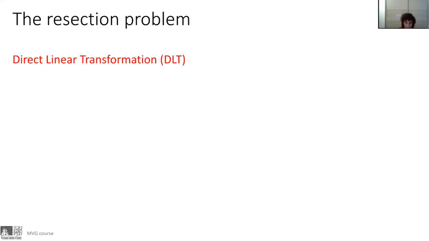Now we are going to speak about an algorithm called DLT, direct linear transformation. It's a very useful algorithm, not just for calculating the cameras, but for many other things in computer vision and other fields. Let's try to understand it and how to use it. It's very simple, by the way. This is the camera matrix, and these are the unknowns that we would like to solve for.